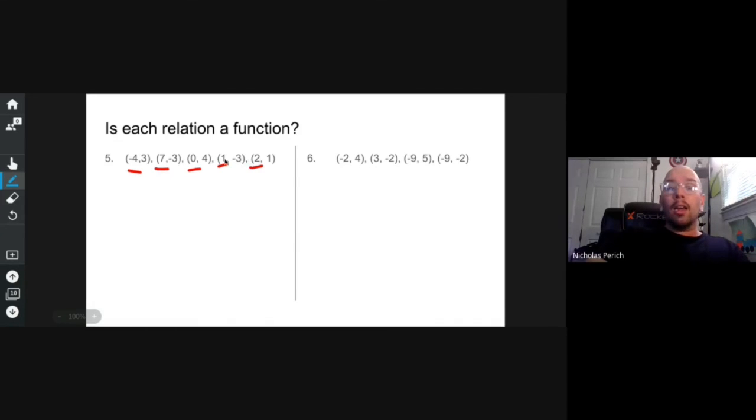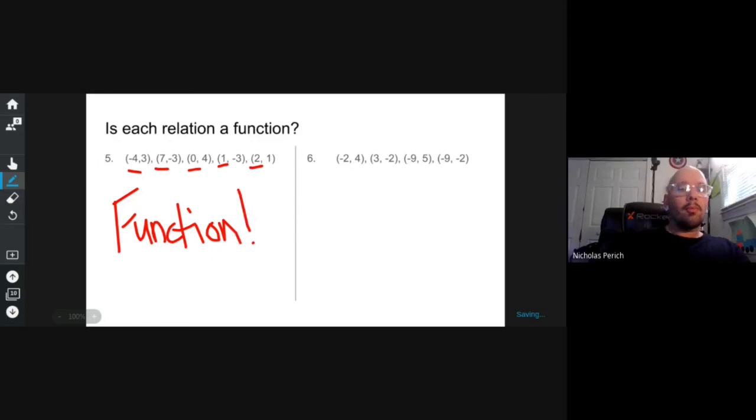I don't care if x is 1 and y is 1. Is 1 used again as an x value? No. So I'm looking at all my underlines, and if all of my underlined numbers are different, I have a function.